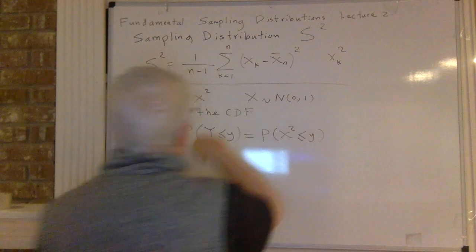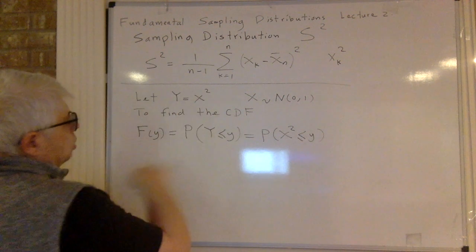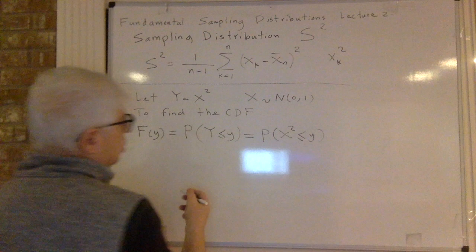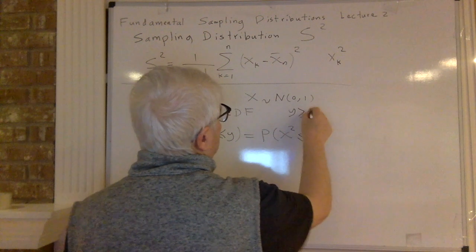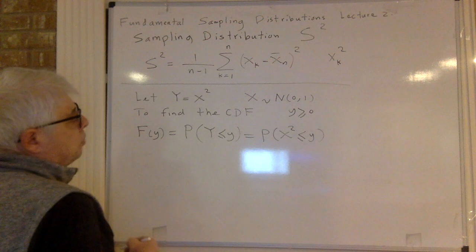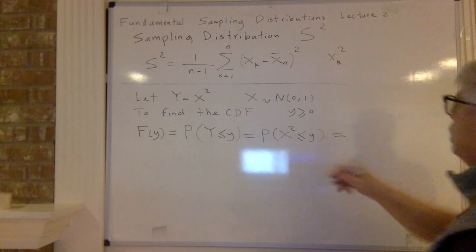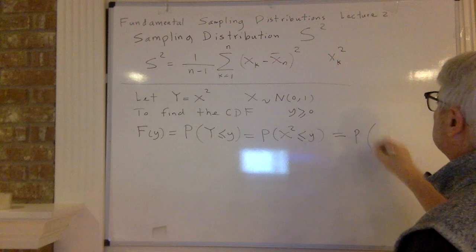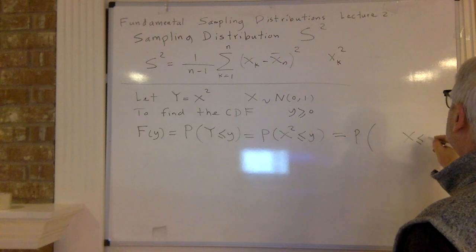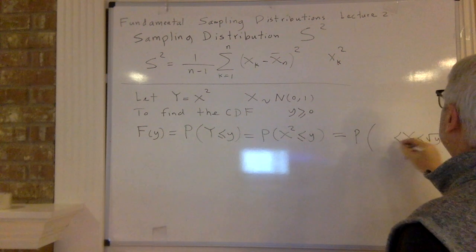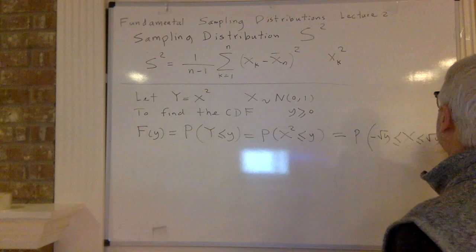And remember, when I write this and y is x squared, then y is positive, so I'm assuming that y is non-negative. So this is equal to, since y is non-negative, I can write it like this: x is less than or equal to square root of y and bigger than minus square root of y.